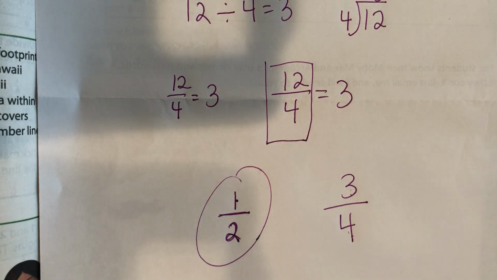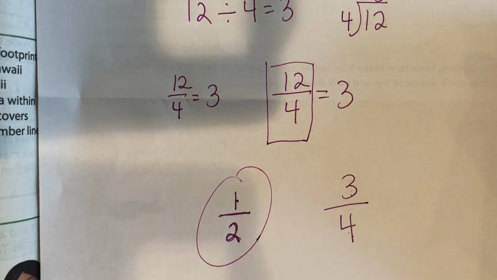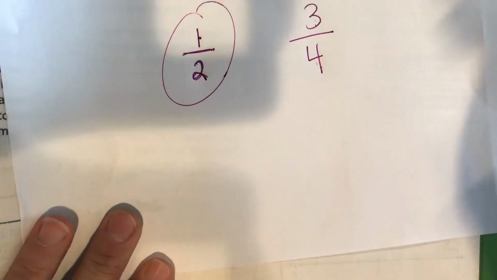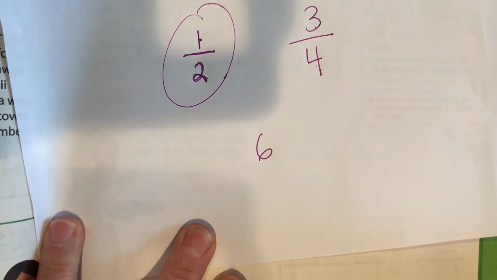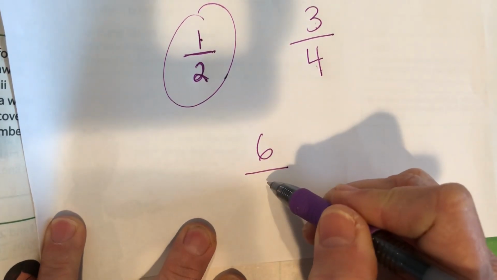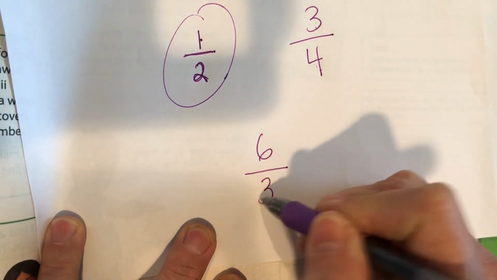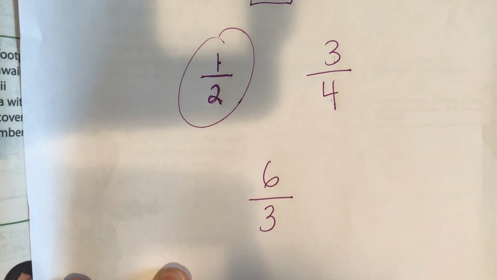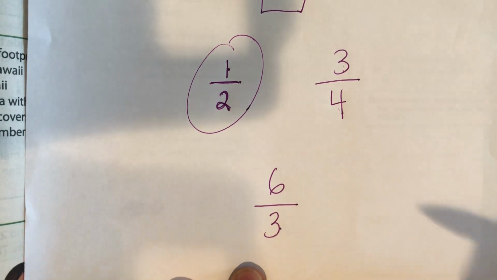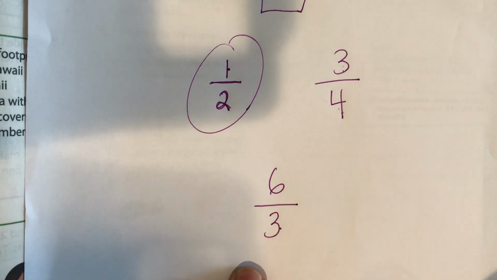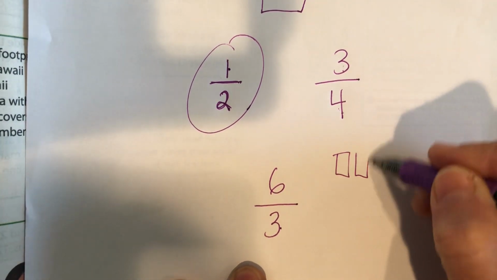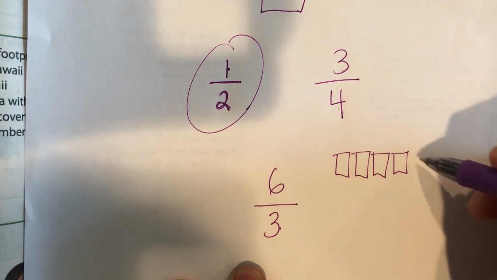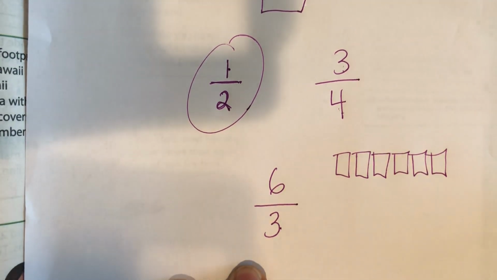But what if, let's say I have 6 candy bars and I'm gonna divide them by 3 people, okay? So I have 6 candy bars and there's 3 of us. How many do each one of us get? I have 6 candy bars. 1, 2, 3, 4, 5, 6. And there's 3 of us.